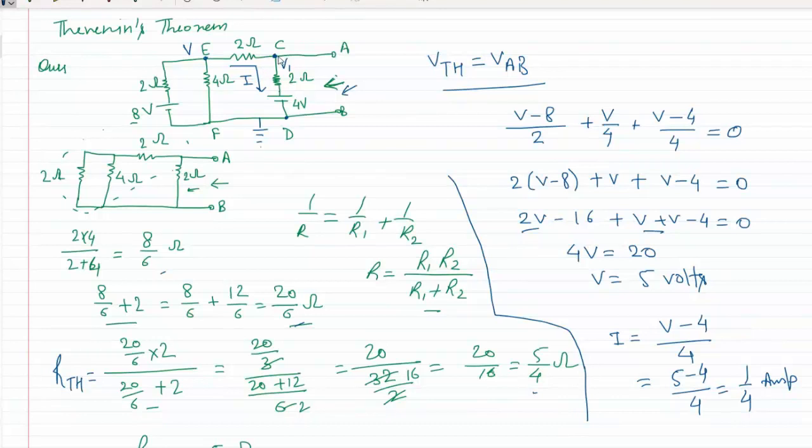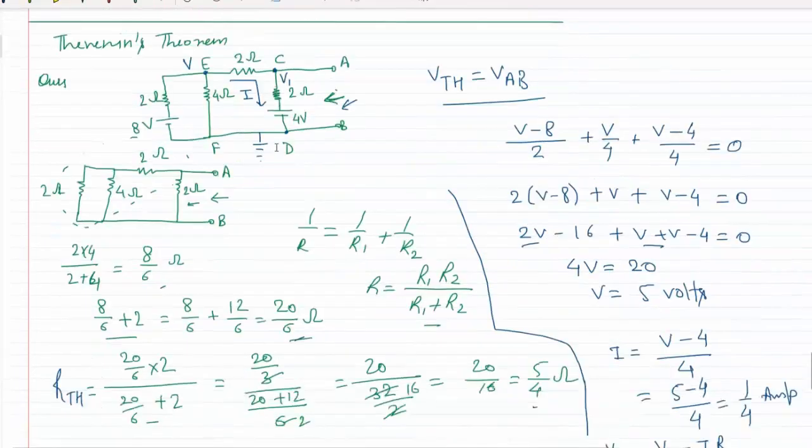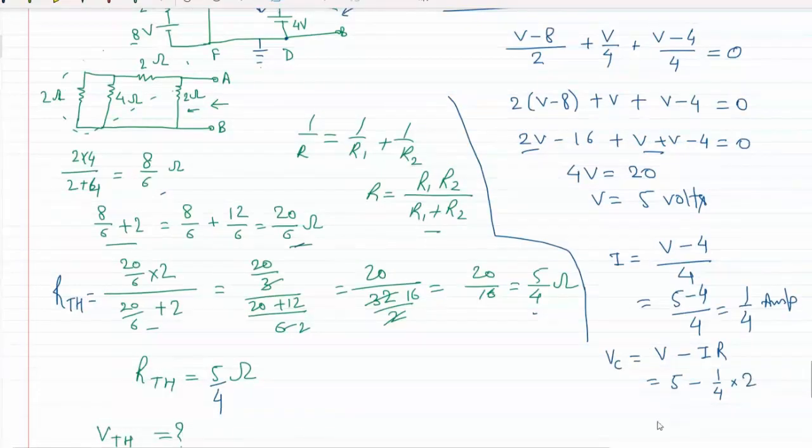So what is the voltage here? The voltage here is V minus IR. So the voltage at point C is equal to V minus IR. V is 5 volts minus I, which is 1 by 4, times R. The value of R is 2 ohm. So 5 minus 1 upon 2, that is 9 upon 2.